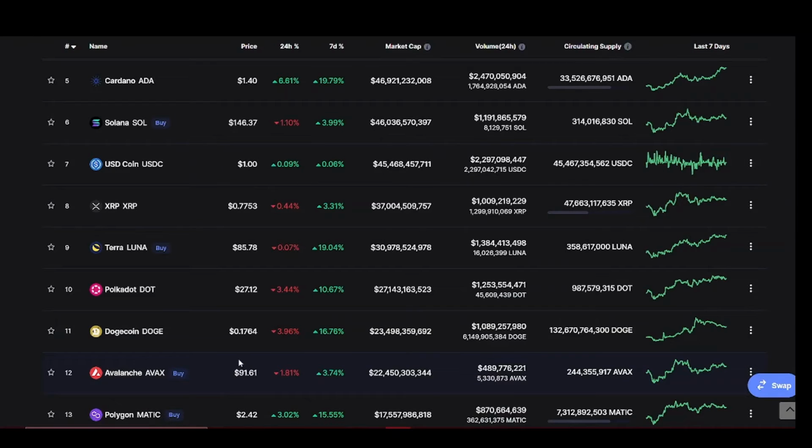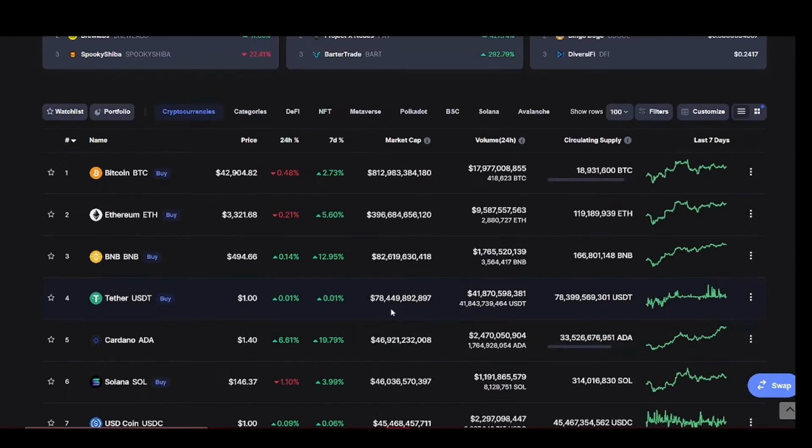But we can see that Avalanche is lower on the list. There's less value inside this asset than the other assets we just mentioned, but yet it has the higher price. Okay, and that's because there's less Avalanche in circulation than these other coins.